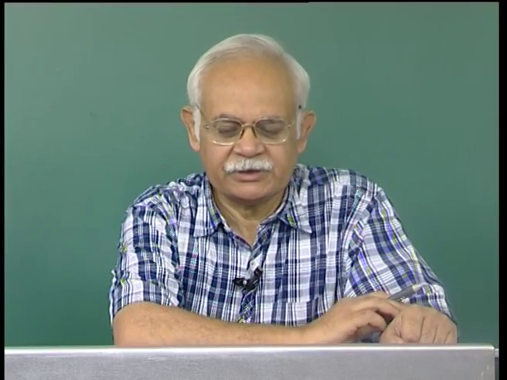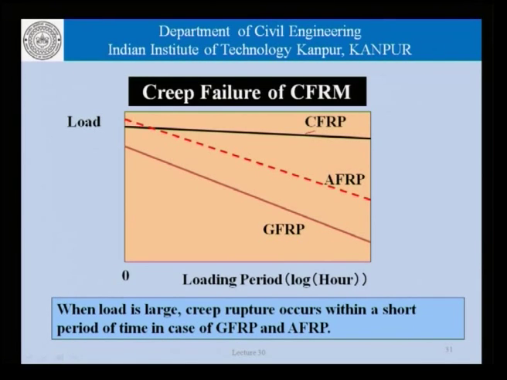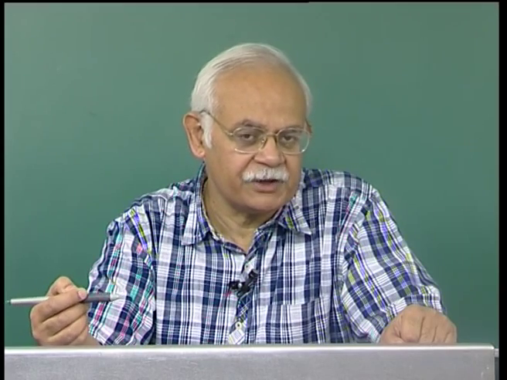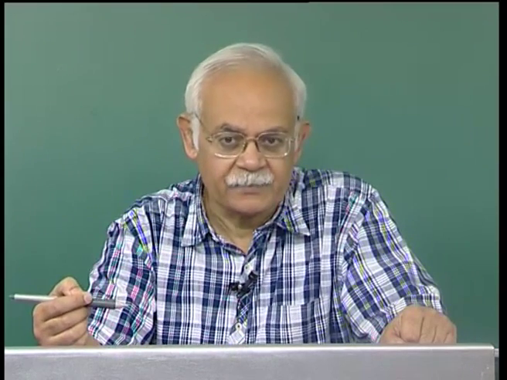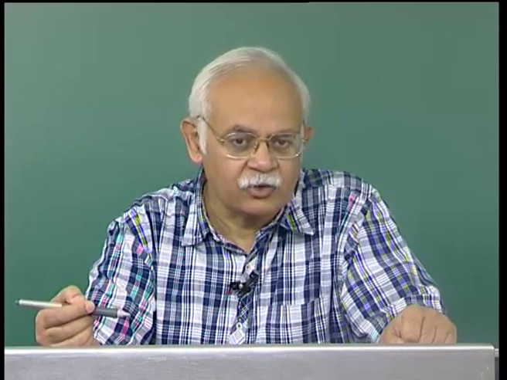This is the representation of creep failure of CFRM, depending on whether the material used was carbon fibers or aramid or glass. We can see that the behavior of carbon fibers is much better than aramid or glass, which shows that all these fibers do not behave in exactly the same way as far as performance at higher load levels is concerned over a period of time.